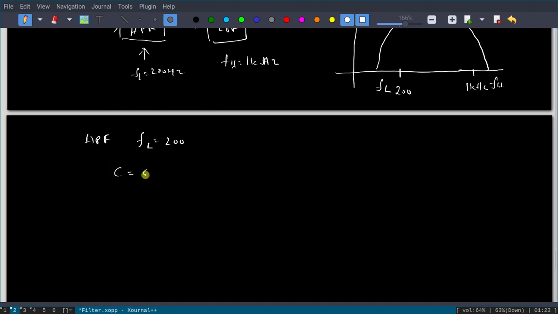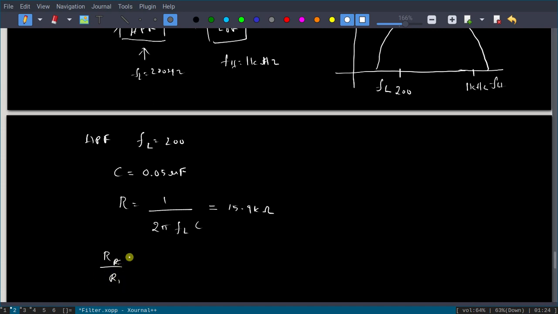Let me select 0.05 microfarad, then your R will be 1 by 2 pi FL into C. If you substitute and write, it will be 15.9 kilo ohm, and the gain, that is 1 plus RF divided by R1, should be equal to 2. So that means RF is equal to R1, and you have to take 10 kilo ohm, let us take.